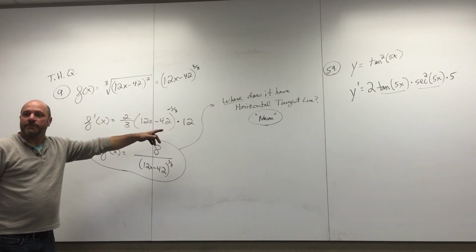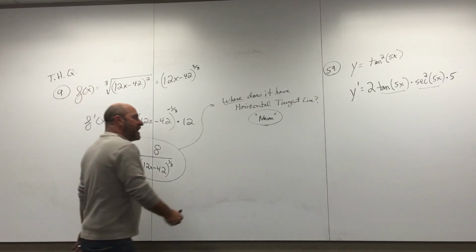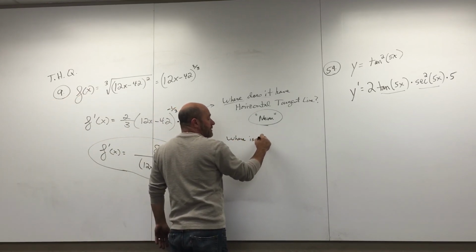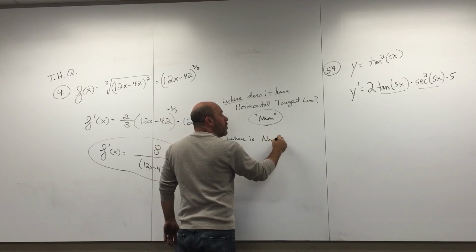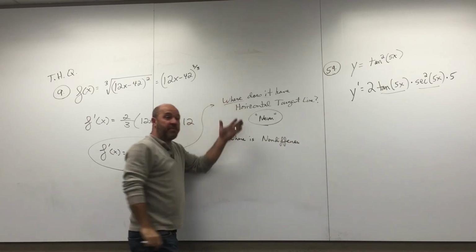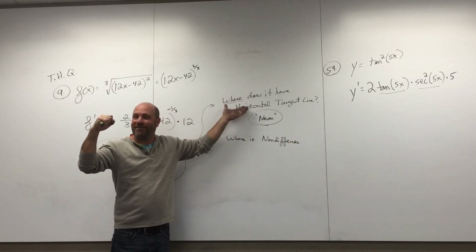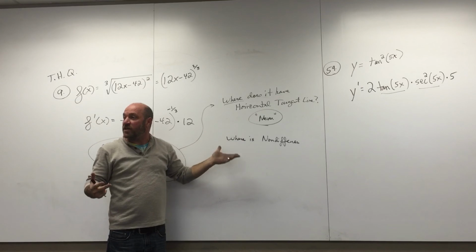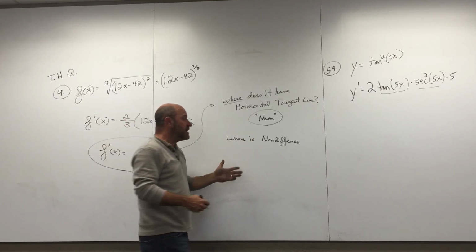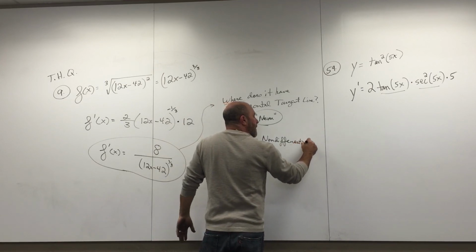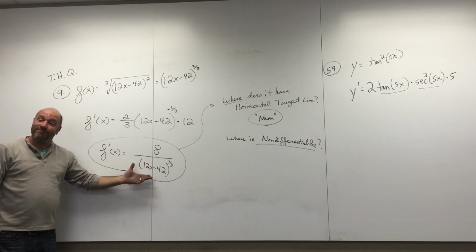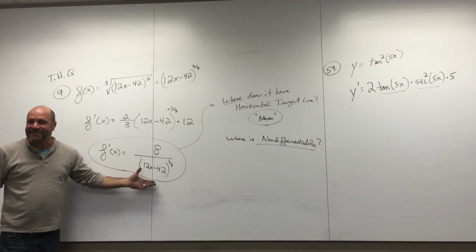What's the next question? Where is it non-differentiable? That's different. It's non-differentiable when the derivative is undefined, not 0. Up here we just asked when is the derivative 0. Now we're asking when is the derivative undefined? That's what non-differentiable means. So when is this derivative undefined? When the denominator is 0, I guess.